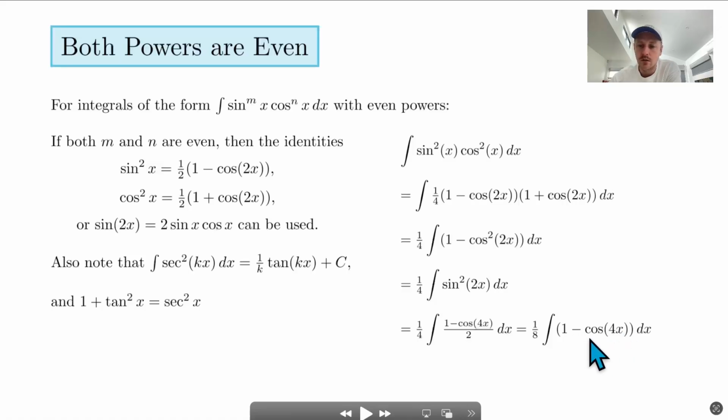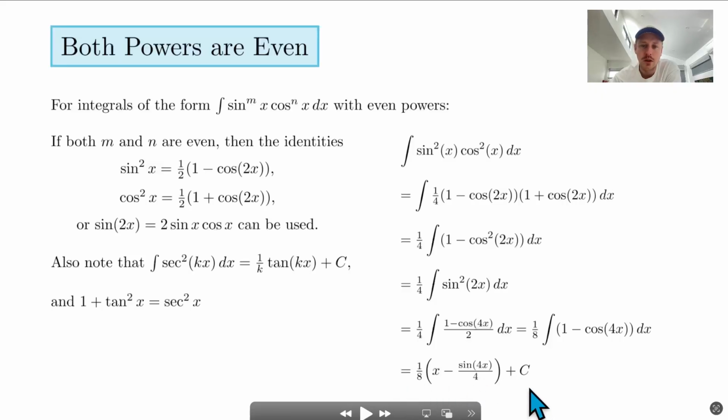When you antidifferentiate a constant term, it becomes x. So this is going to be x minus sin 4x on 4. When you integrate negative cos, you get negative sine, and you divide by the coefficient of x. And there's our answer. We've been able to work it out.